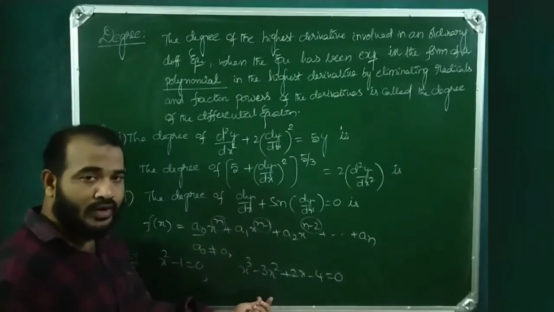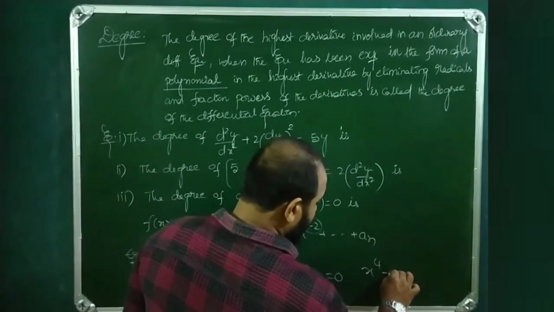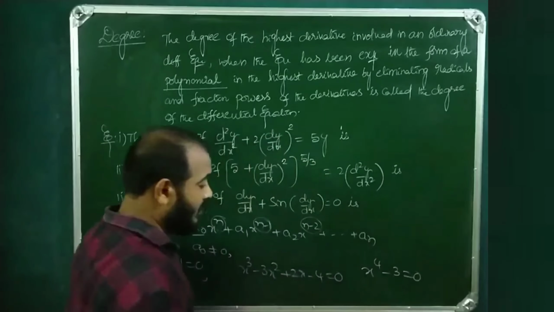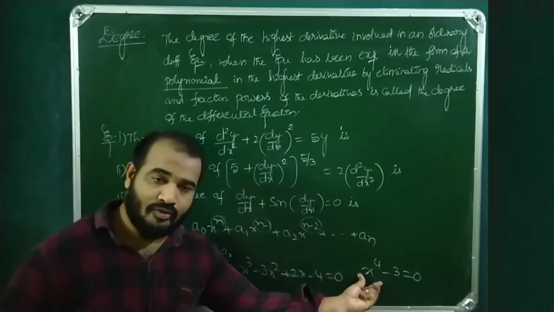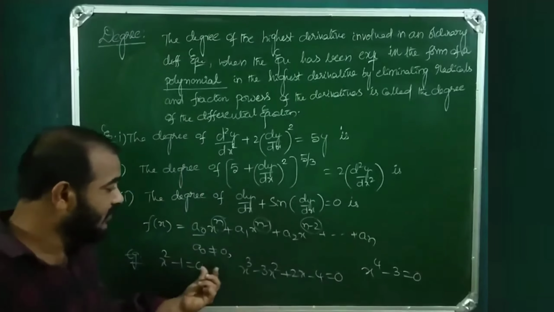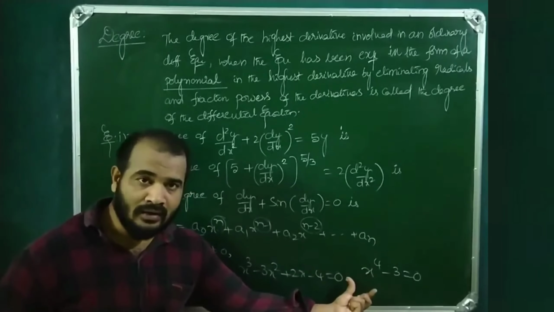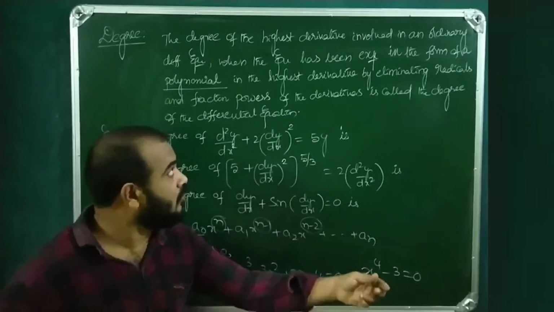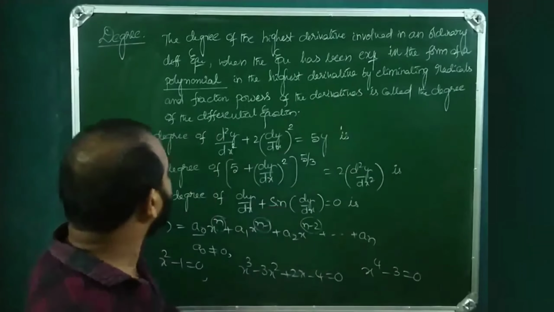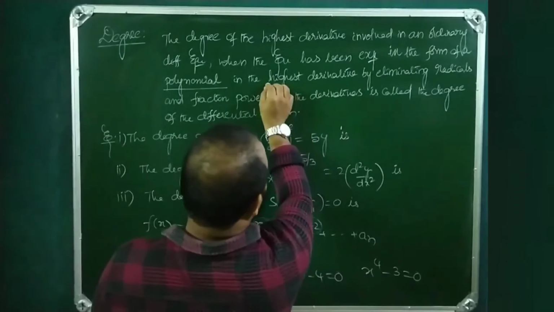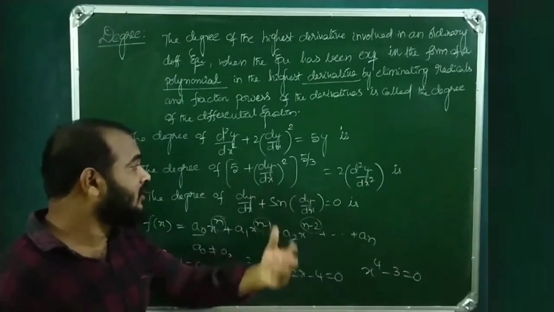It's a cubic polynomial. x power 4 minus 3 equals 0 is a biquadratic polynomial whose degree is 4. So therefore n should not be in fractions. That's what we mean by polynomial in the derivatives, in the highest derivative.